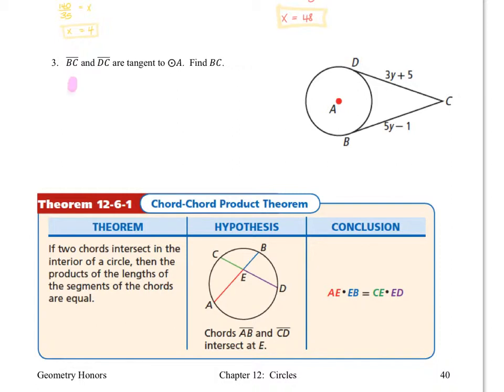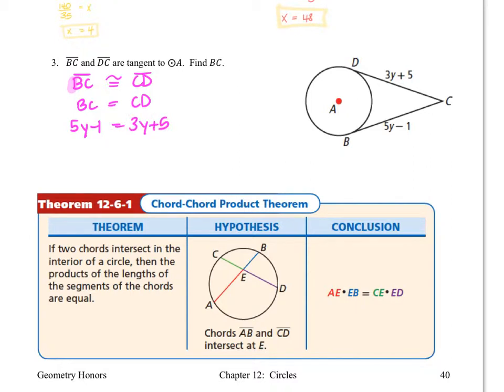So BC is congruent to segment DC or CD, and that means that the lengths are equal. So we'll plug right in for the expressions that were given in this question, and then we're going to solve.